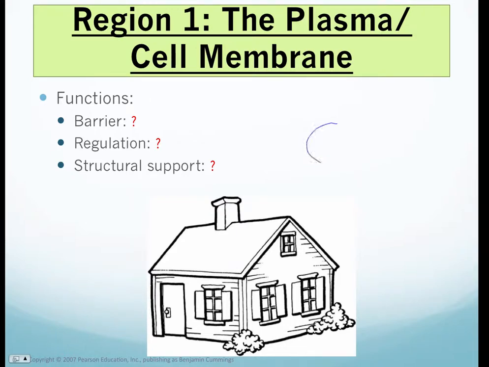And so that outermost layer, we give it two terms. We can call it both the cell membrane or the plasma membrane.